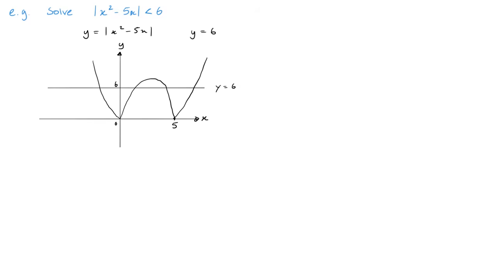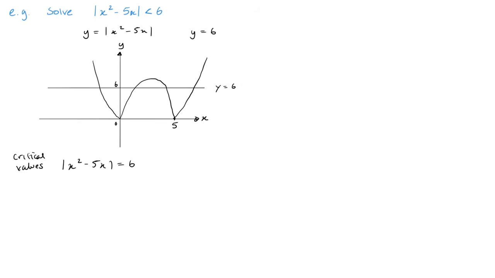So we're going to look at the critical values when x squared minus 5x inside the modulus sign equals 6. Okay, so sorry, there should be 4 values.